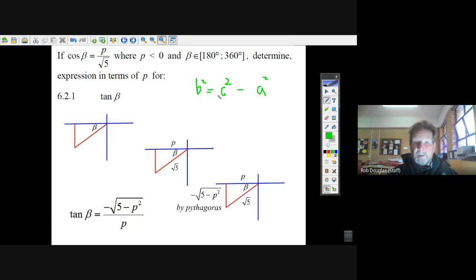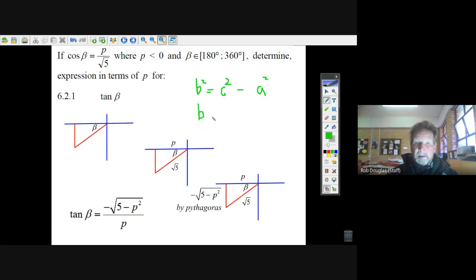So you go c squared minus a squared. So we go root 5 squared, which is 5, minus this p squared. So the hypotenuse squared minus the short side squared, and then you take the square root to get what that other short side is. We know it's a negative number, so it should be negative root of 5 minus p squared.